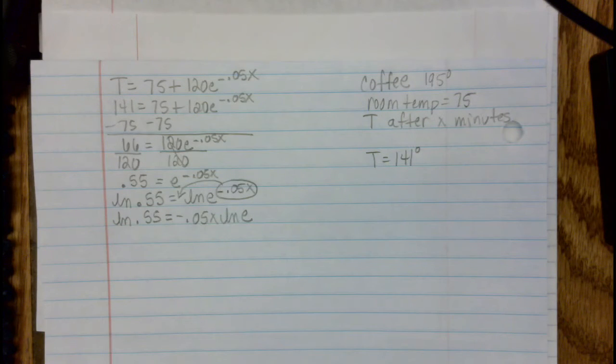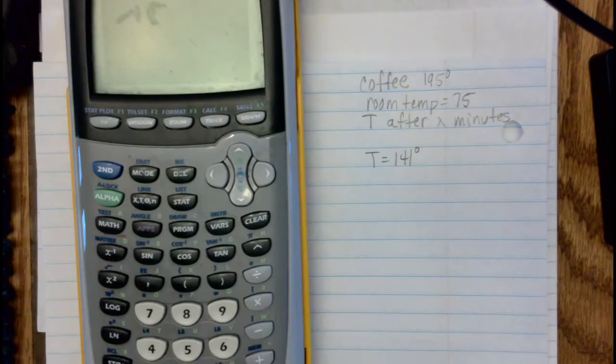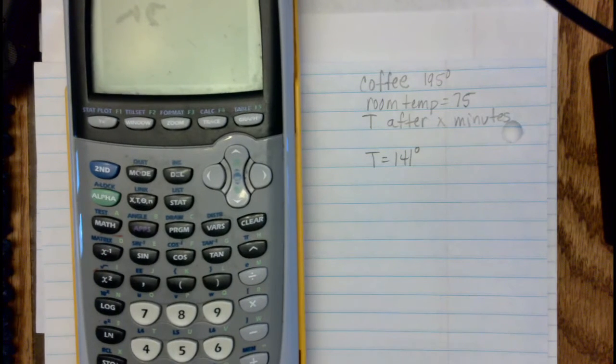Now, you're probably wondering, why is using the natural logarithm of e easier? By the way, you could have used log, but if you look here in the calculator, the ln button is off to the left.